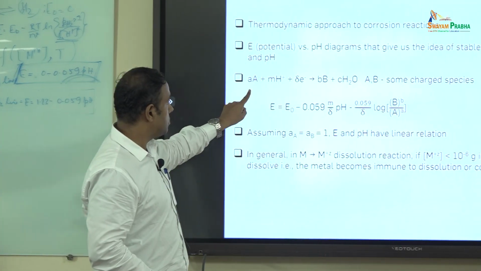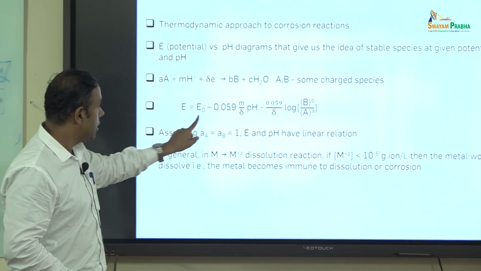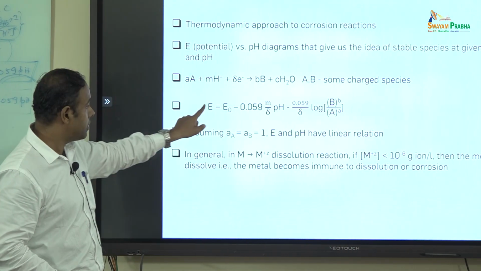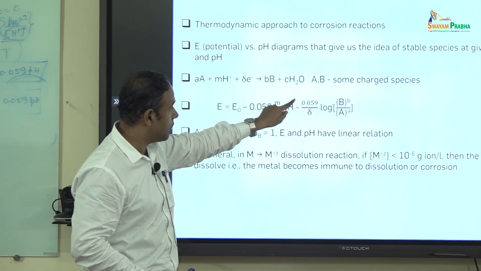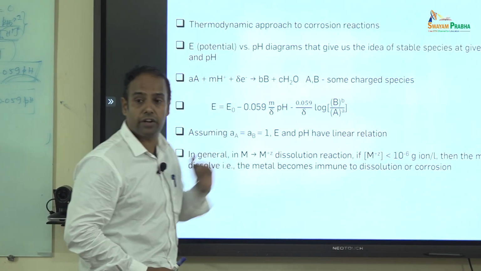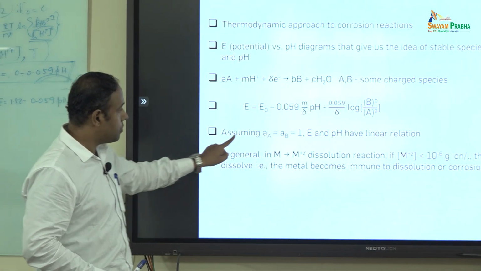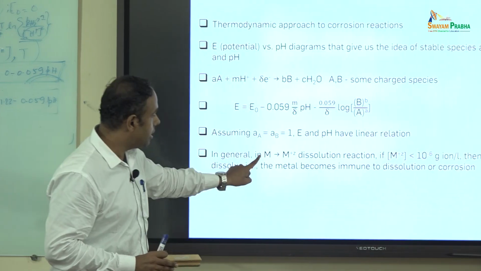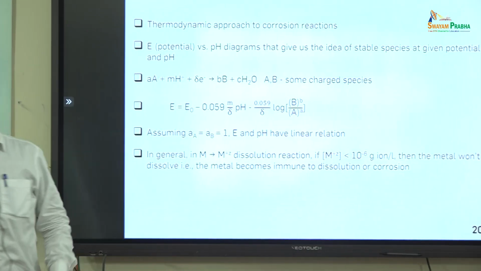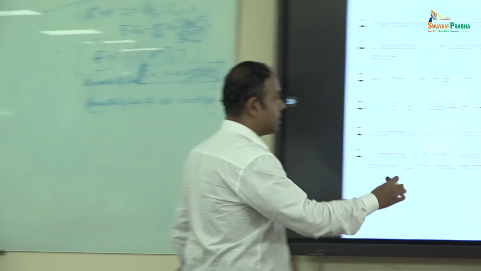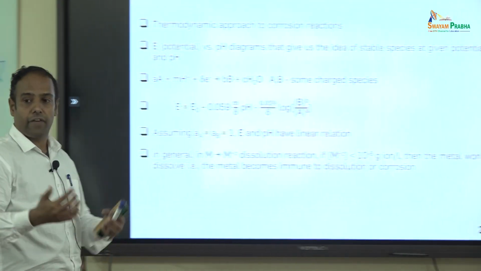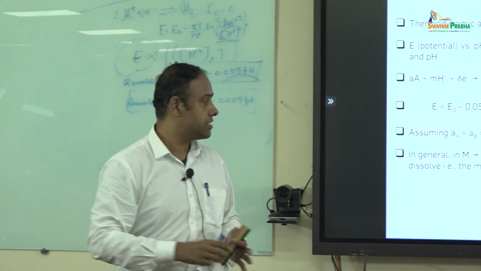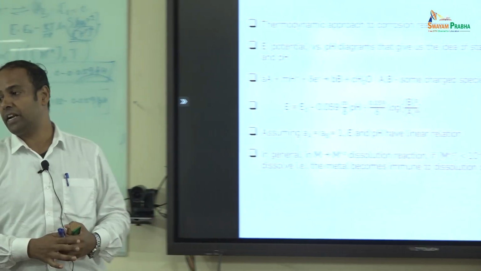If I assume this is my electrochemical reaction, this will be the Nernst equation for it, which says the potential is dependent on the concentration of the species involved, and we assume the activity to be 1. In general, if the ion concentration is much lower than 10 to the power of minus 6, then there is no corrosion or the metal is immune.